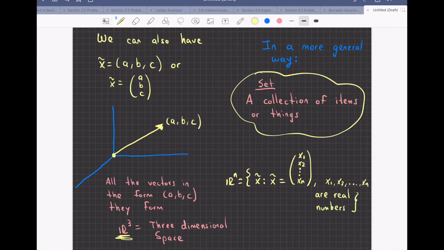So essentially a vector in Rn, and of course n is a natural number.